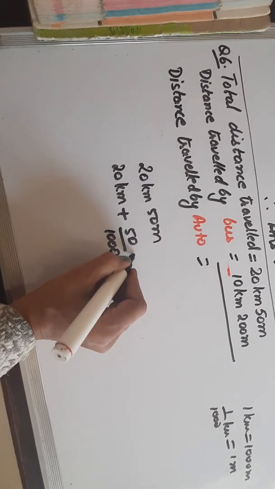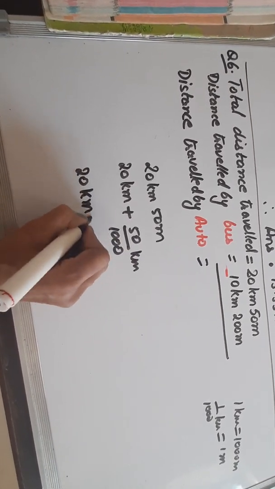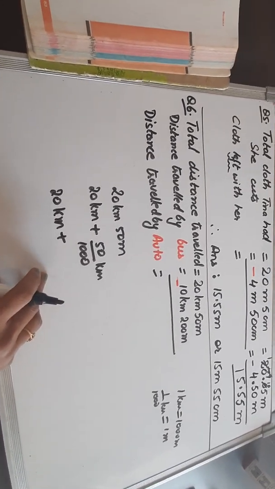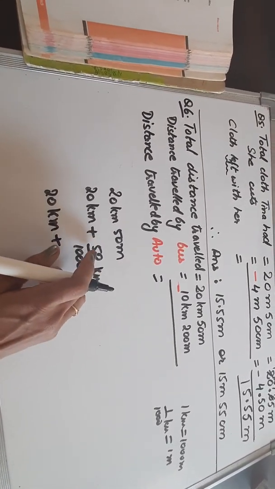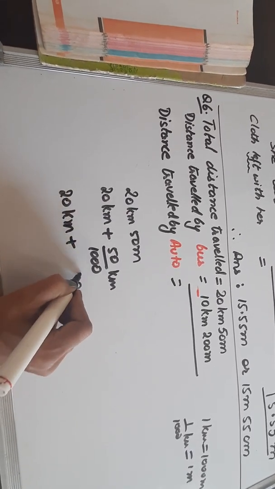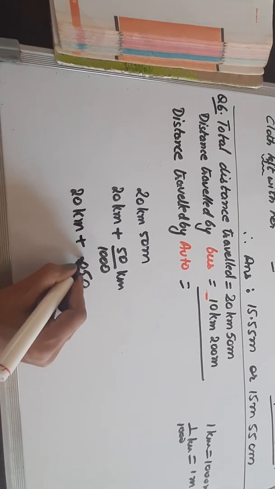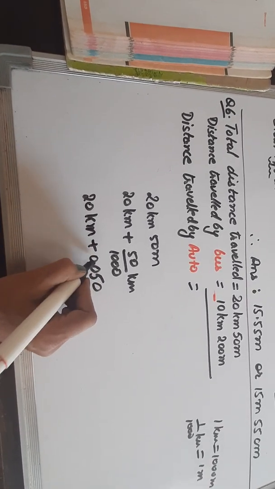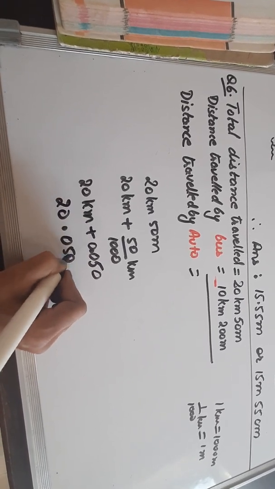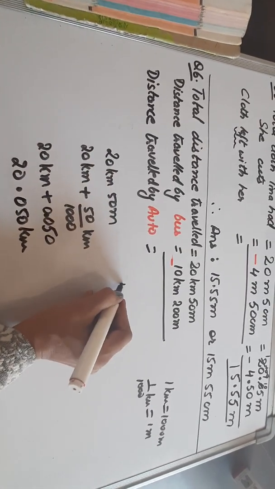So we'll divide it by 1000. For this, we'll place the decimal. 3 zeros are there in the 1000, so we will place the decimal leaving 3 digits. 2 digits we already have, 0 and 5. Let us take 1 more 0 to complete 3 digits, then place a decimal. So when you add it, you will get 20 plus 0 is 20.050 kilometers.